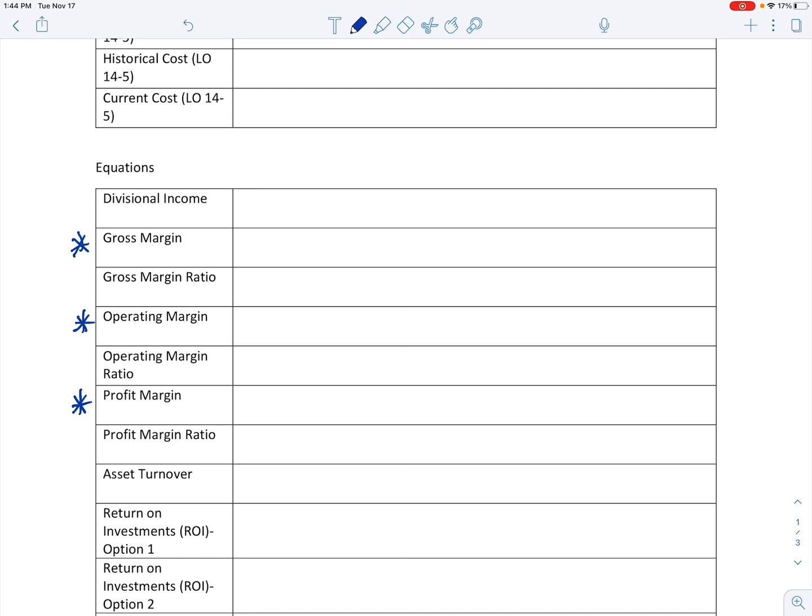How do I get to that operating margin? And then how do I get to that profit margin? It's going to help you evaluate some of these other equations and just to understand the difference in these terms.